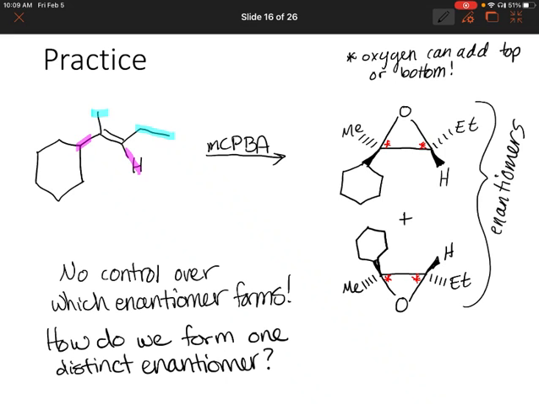Well, luckily, a scientist by the name of K. Barry Sharpless came up with a method to preferentially form one enantiomer over another. And he actually won the Nobel Prize in 2001 for his work.